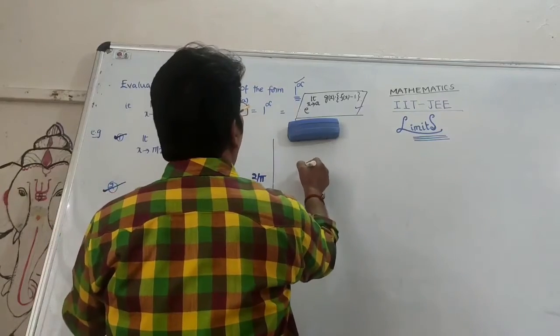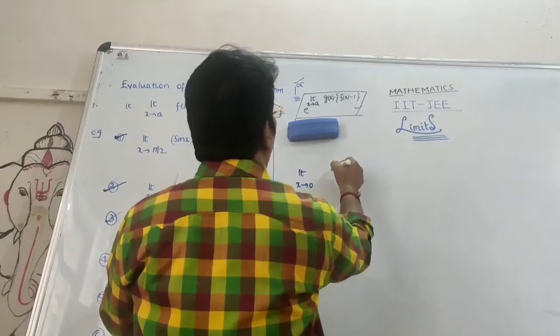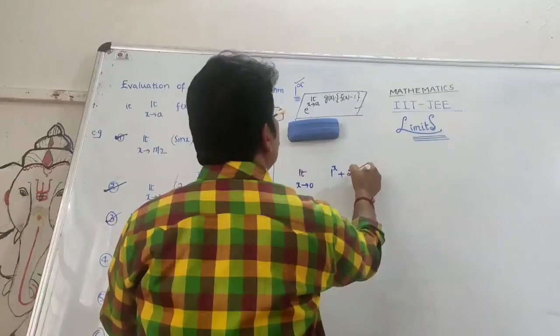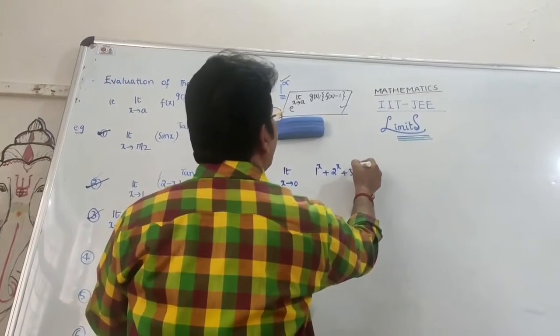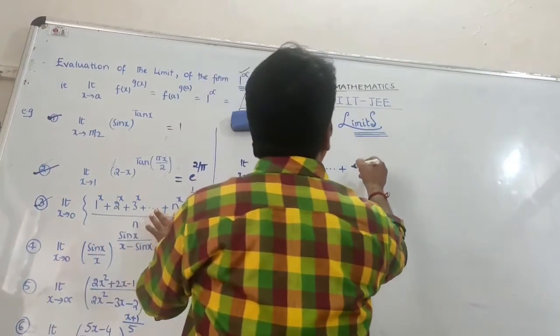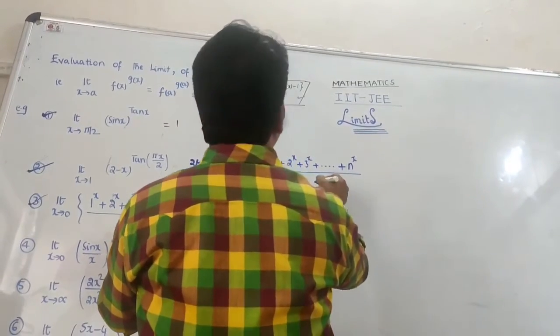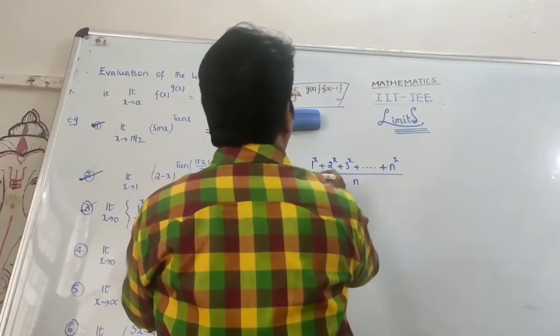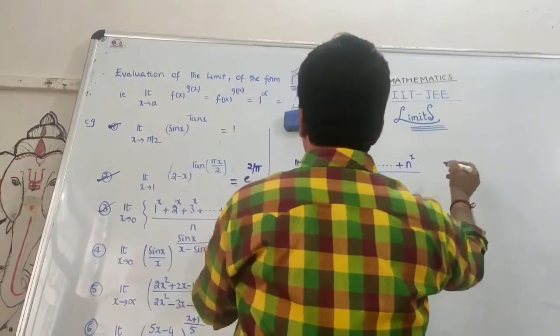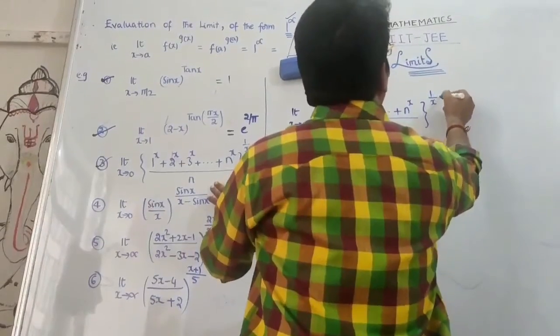Limit x tends to 0 of (1 power x plus 2 power x plus 3 power x and so on plus n power x) whole divided by n, whole to the power of 1 by x.